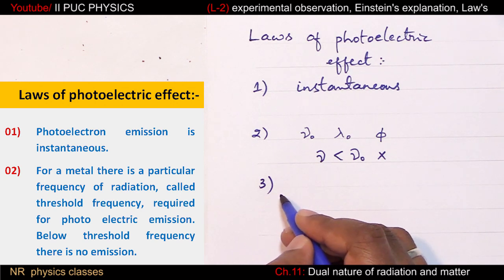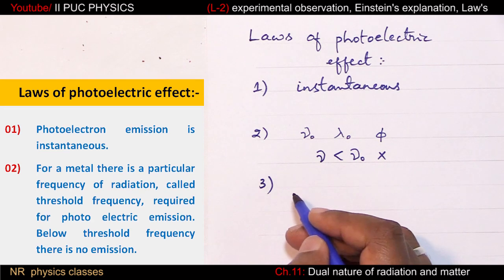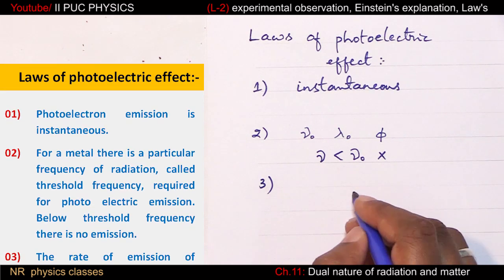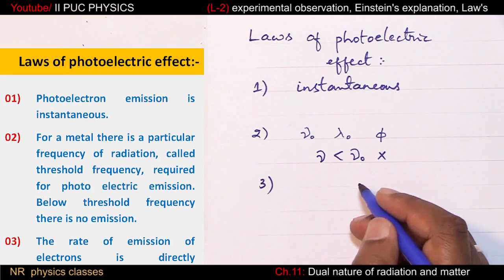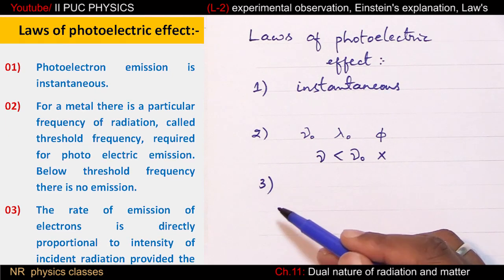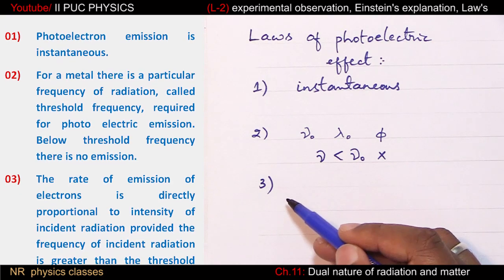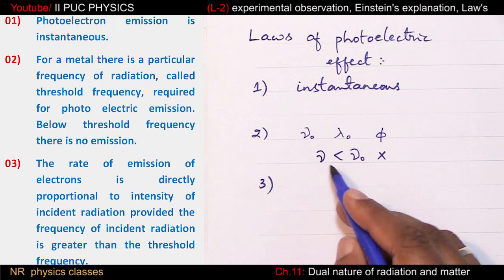Third point, the rate of emission of electrons is directly proportional to the intensity of incident radiation, provided the frequency of incident radiation is greater than the threshold frequency.